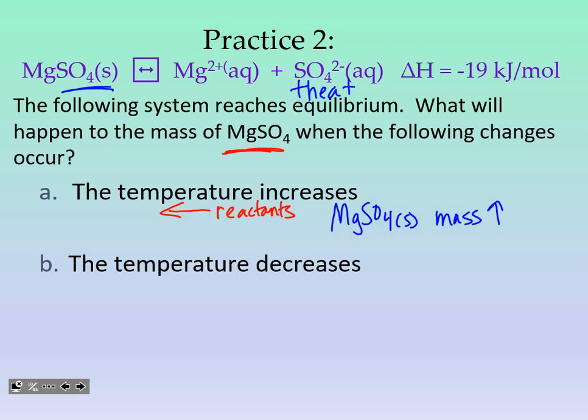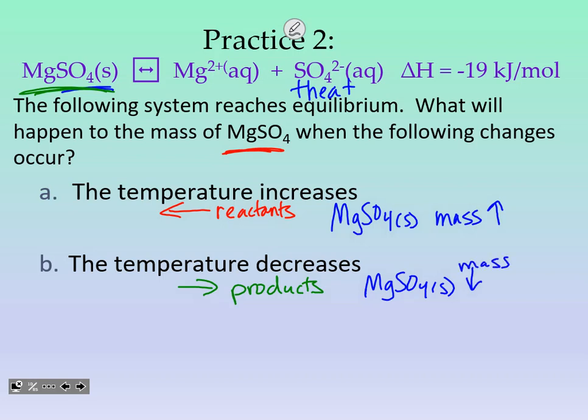It's going to shift towards the products. So what does that mean about the amount of our magnesium sulfate solid? Yes, the mass of that will decrease.